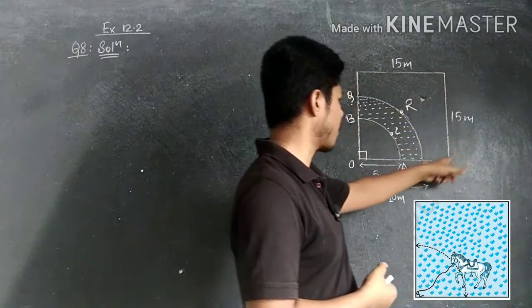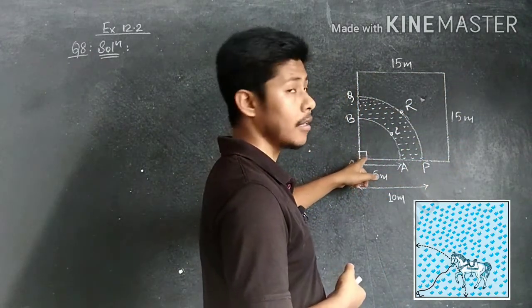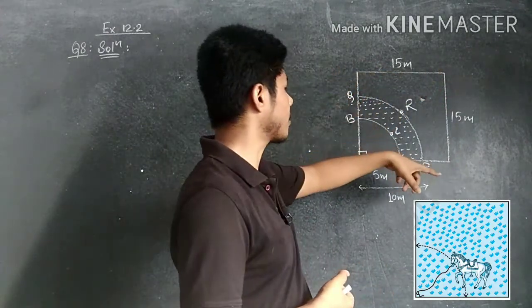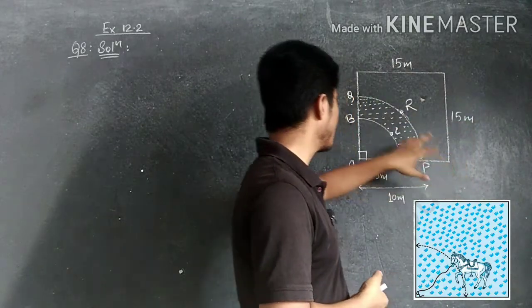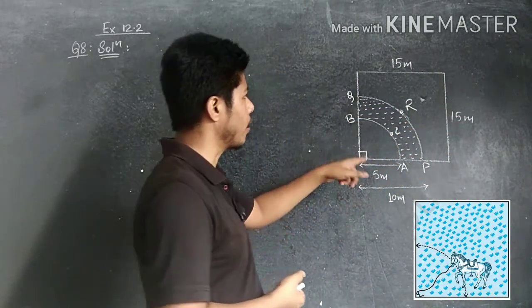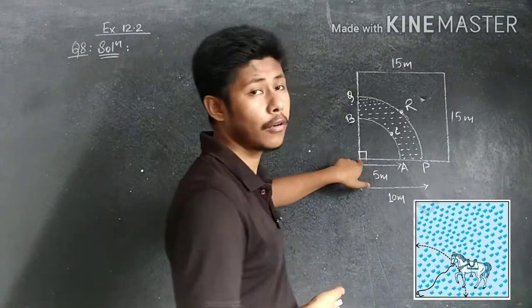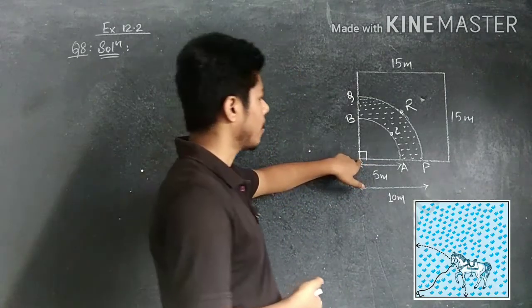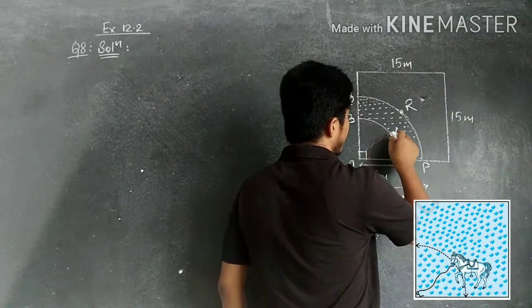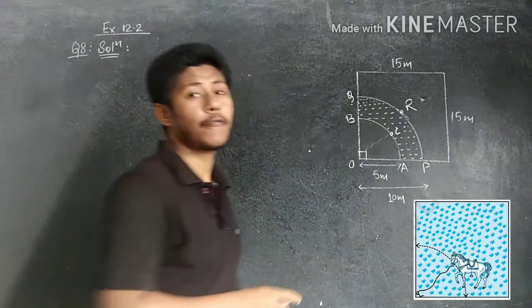Suppose this one is the square field we consider here. Here names are not mentioned. If you want some name, you can denote here. In this square field, in any one corner, suppose we consider this corner, at this corner one rope is tied, and the rope is suppose 5 meter long.